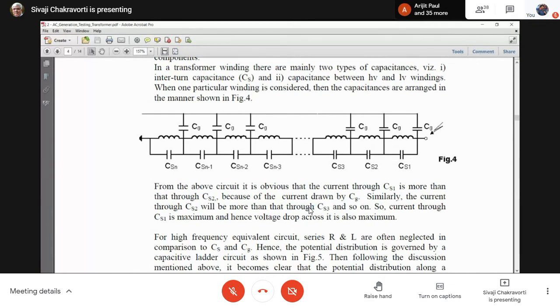I'm doing a rough calculation. If I take 300, then it is 3 into 10 to the power 2. And if this capacitance is, let's say, 100 nanofarad, it will be 10 to the power minus 7. So 10 to the power minus 7 multiplied by 10 to the power plus 2, so in the denominator you have 10 to the power minus 5.